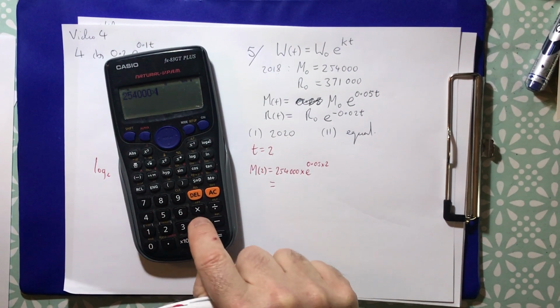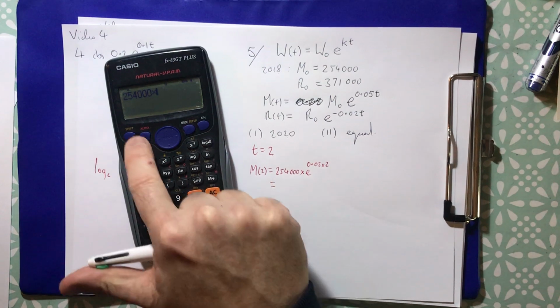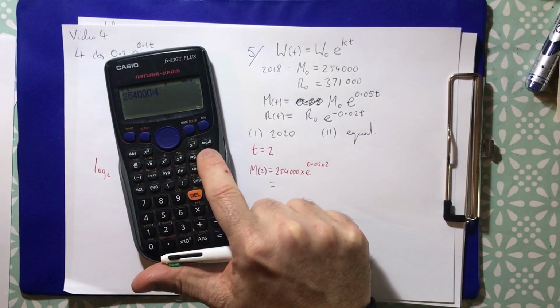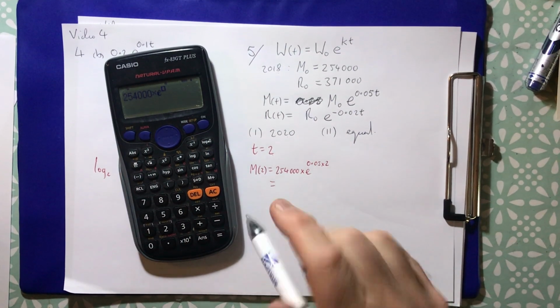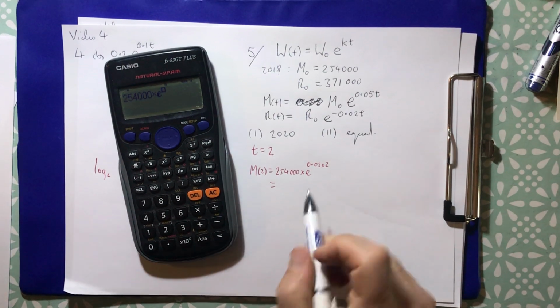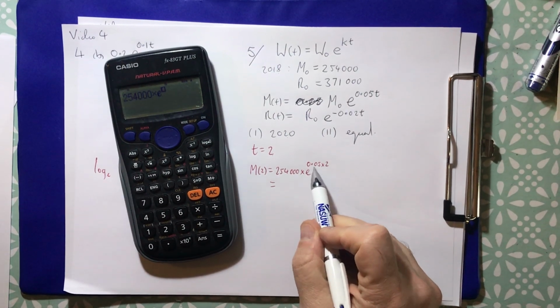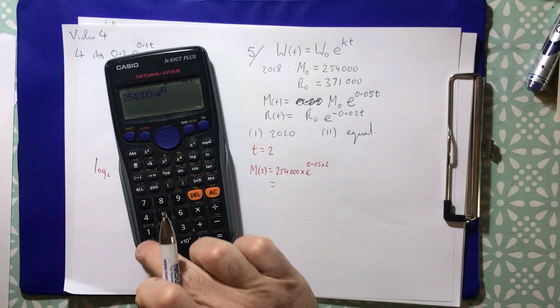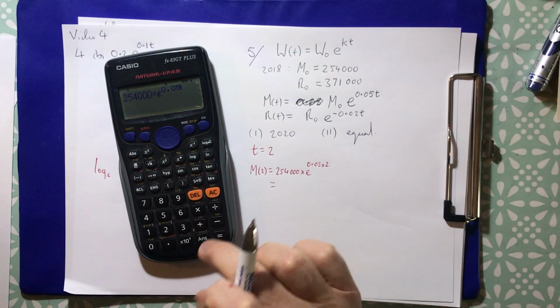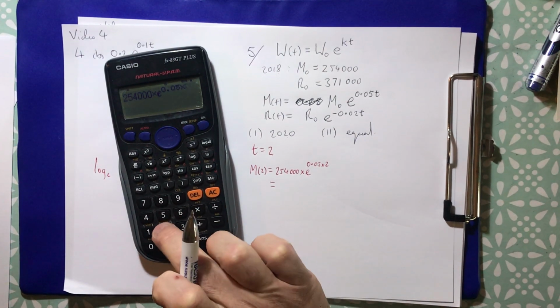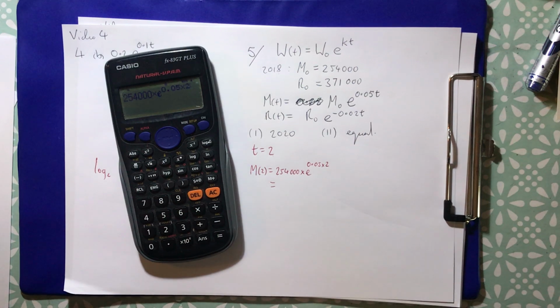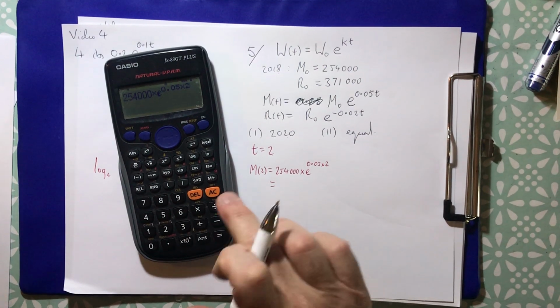254000 times, now e to the power, you just do shift and ln. That does e to the power. You can put it in like that if you like. 0.05 times 2. Well, you might put in 0.1 just to save a bit of time. Doesn't matter.